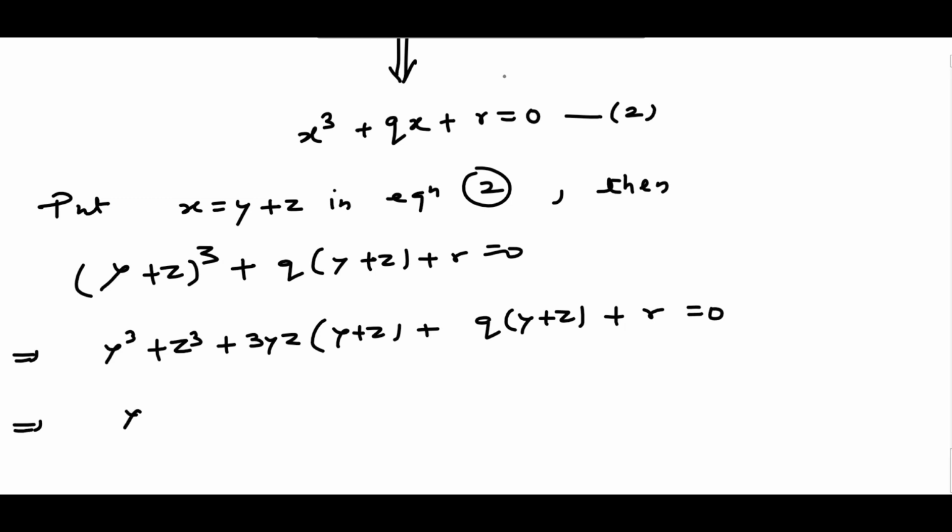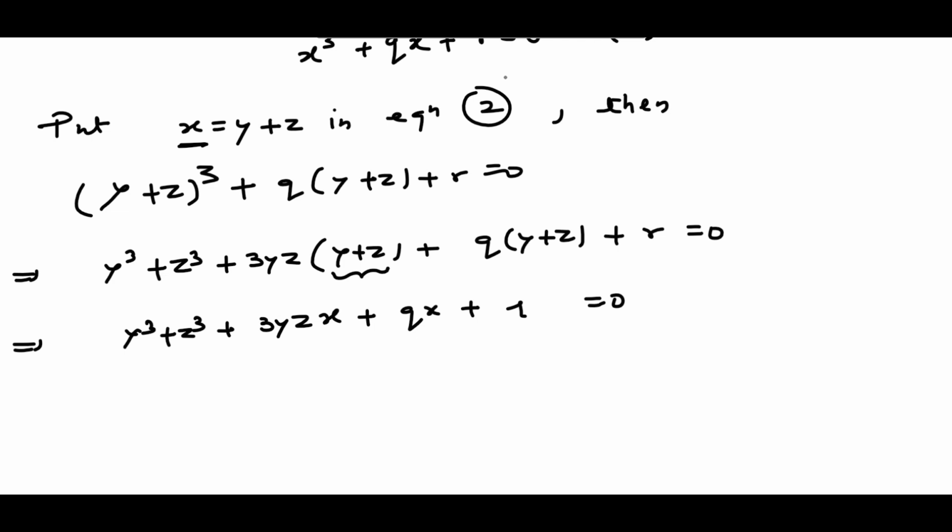So now here y cube plus z cube plus 3yz, and the value of y plus z is x. It will give x plus q times x plus r is equal to 0.